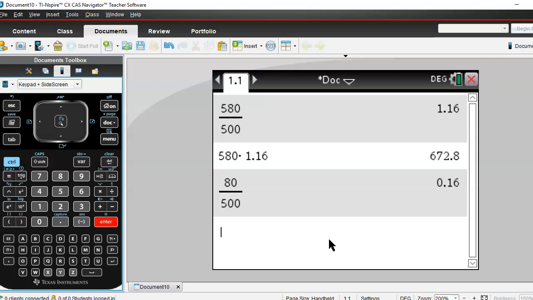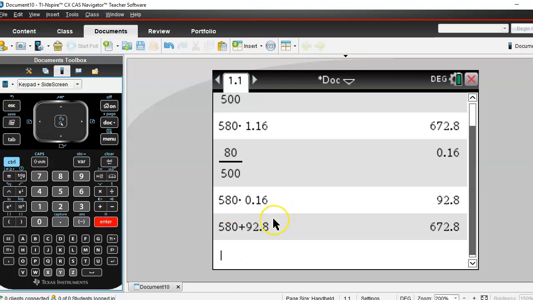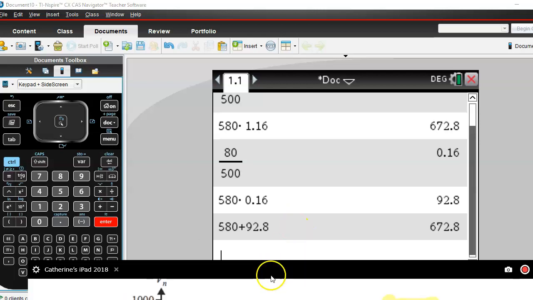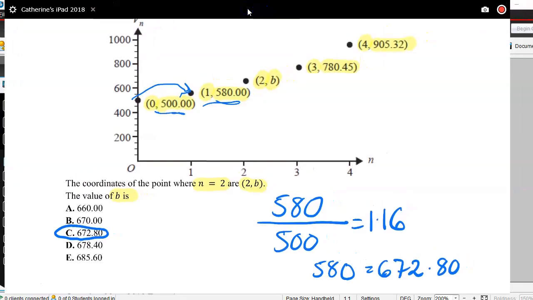So again, I apply that here: 580 times 0.16 is $92.80. So 580 plus that amount is $672.80. Whichever way you wanted to think about it, you are going to get that same answer.